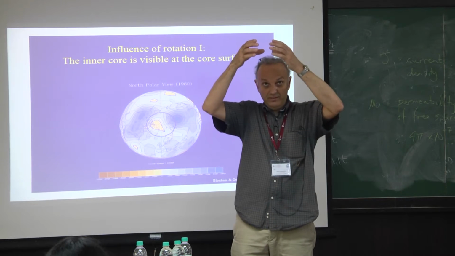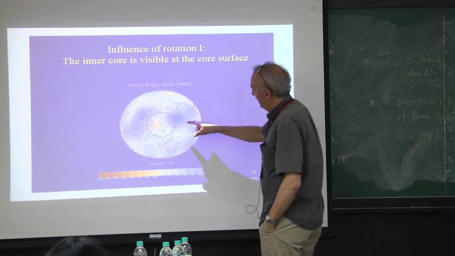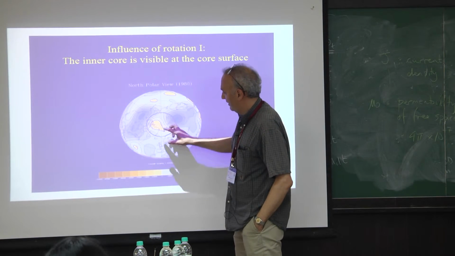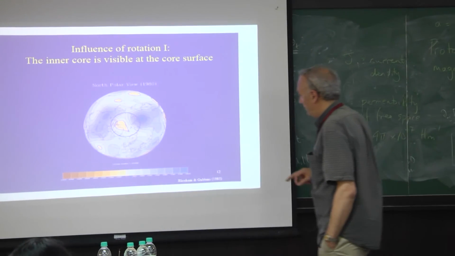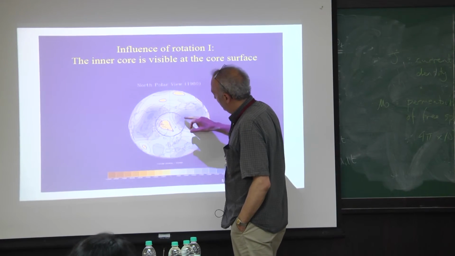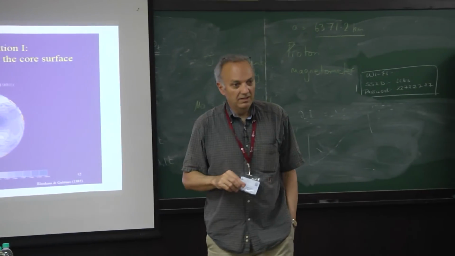If you set a cylinder which just inscribes the inner core, then at the surface of the core it would look like that. It has a certain angular displacement. And it was noticed that it's intriguing that these flux distributions sit just outside the tangent cylinder.